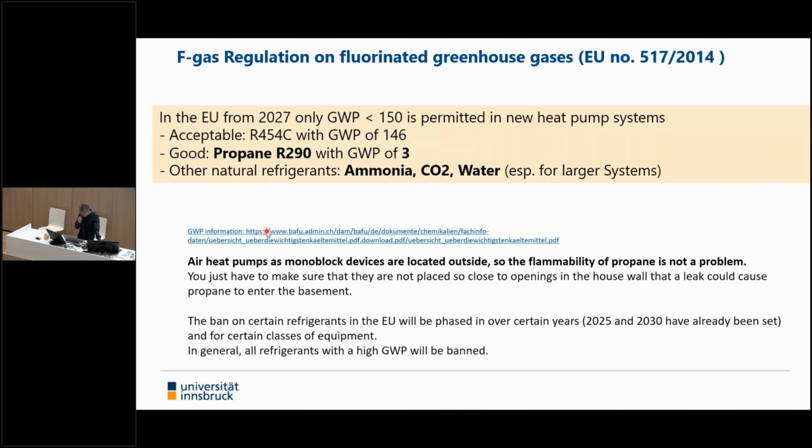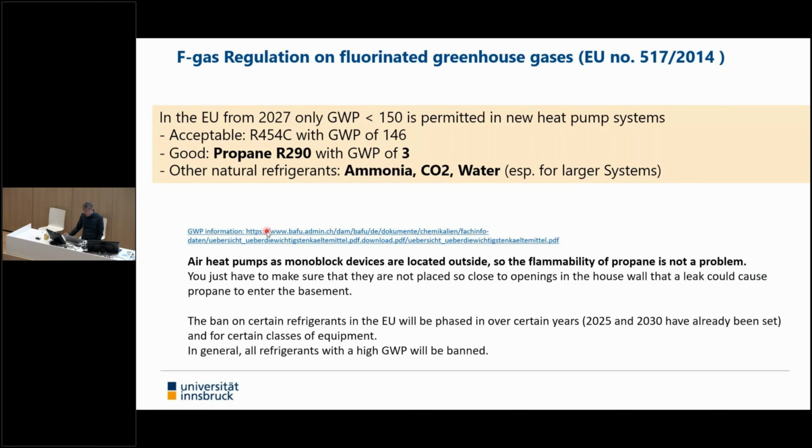So in future we will mostly stick to these 3 or 4 types of refrigerants. Most important will be propane, R290, which is a GWP of 3. Okay, it's not 1 like CO2, but 3, also a rather low value.